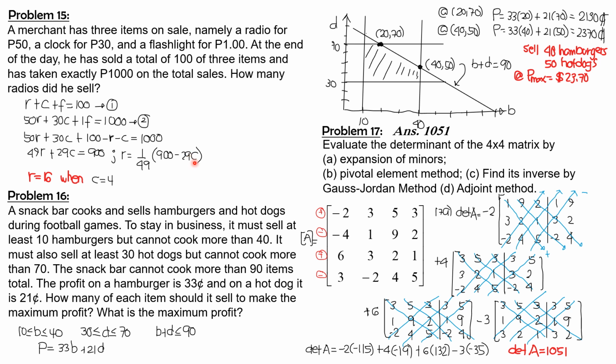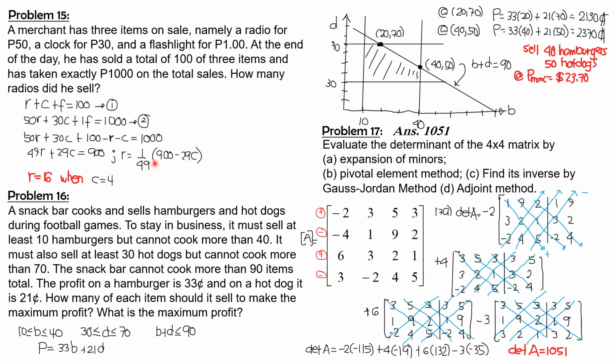We should try values of c until such time that r is a whole number. So c is also expected to be a whole number. Beginning with 1, 2, using your calculator, you just set up a fraction, then 900 minus 29 alpha x divided by 49.